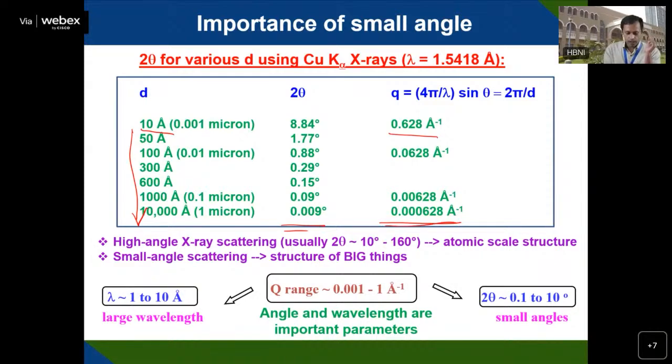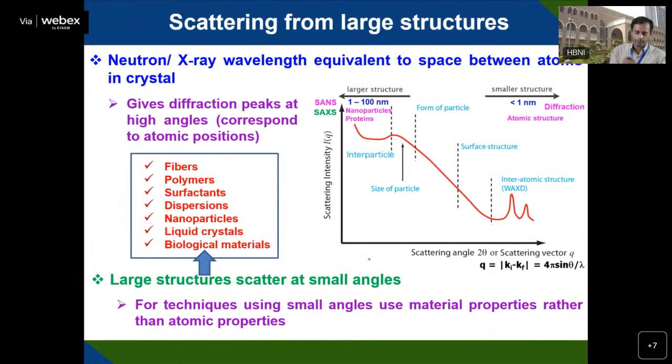High angle X-ray scattering, usually 10 to 160 degrees, will give you information about atomic scale structure, mostly lattice parameters. But with small angle scattering, you'll be able to see the big structure. In small angle X-ray and neutron scattering, your Q range is between 0.001 to 1 angstrom inverse, and 2 theta is a very small angle, 0.1 to 10 degrees, and you will be able to see the whole structural information of the particle.